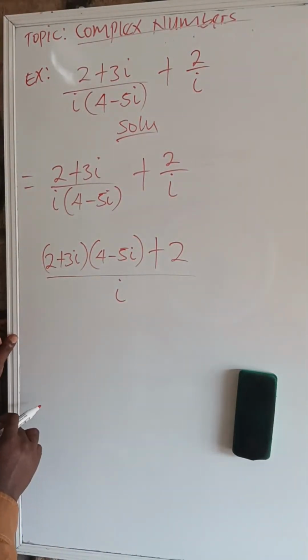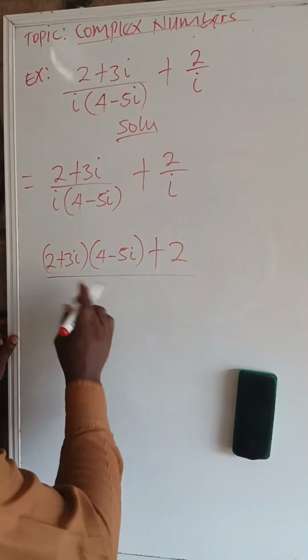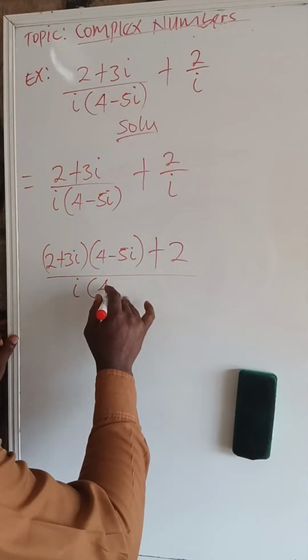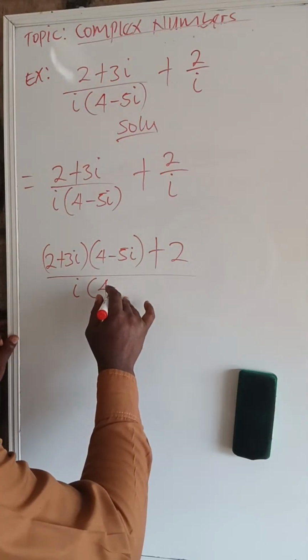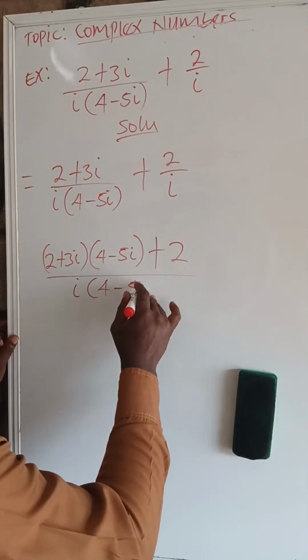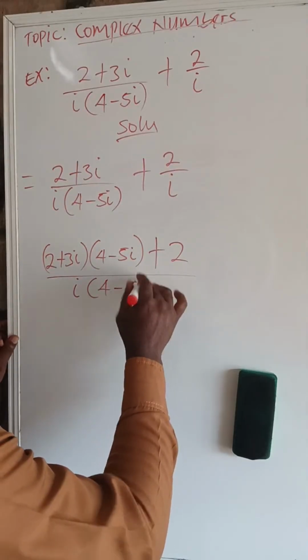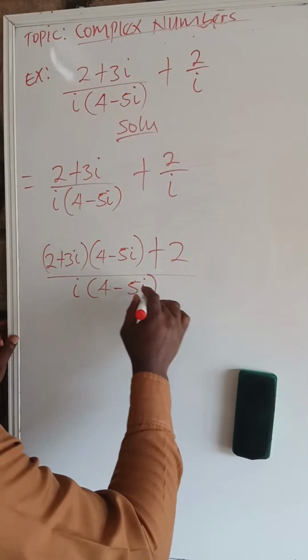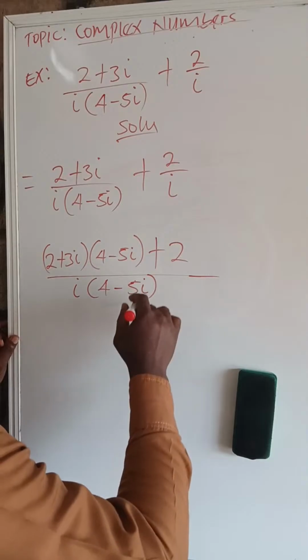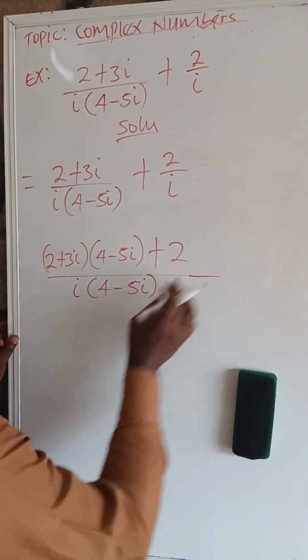Hope I'm right. Sorry. i open bracket 4 minus 5i. So this should be the LCM.